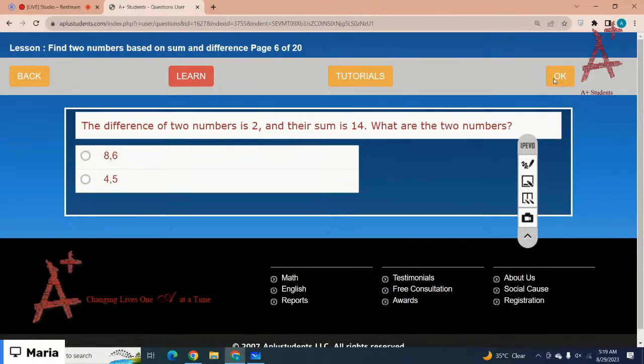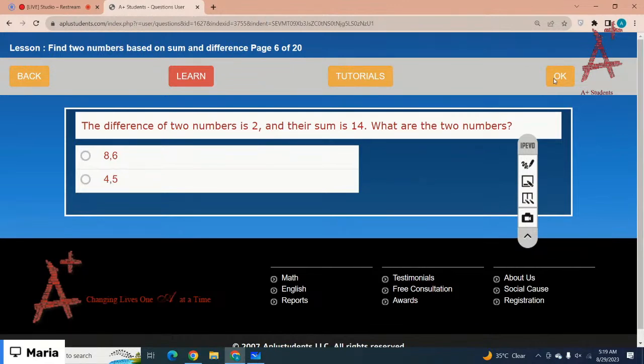The difference of two numbers is 2 and their sum is 14. What are the two numbers? Which is the correct option?